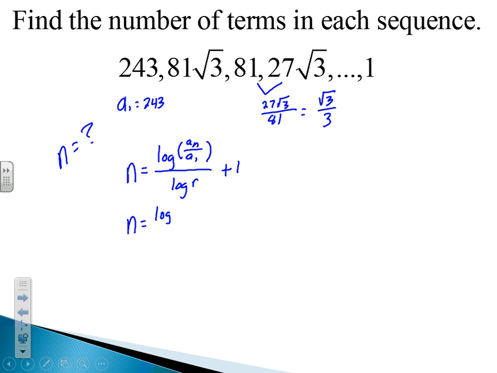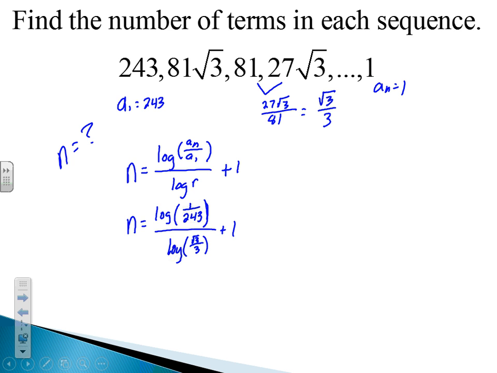So this here is a sub n, that's 1. So in my formula here, I'm going to say 1 over a sub 1, which is 243, and that's going to be over the log of the square root of 3 over 3, plus 1. Now, you could probably type all of this into your calculator in one go, and at this point I would encourage it.